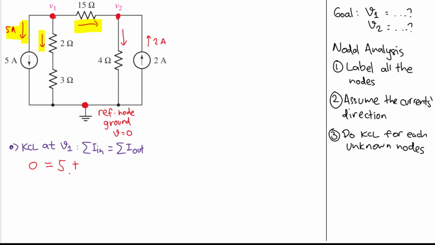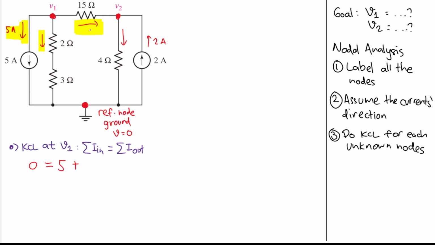Okay, now let's do another page here. This current that is going to the right, we don't know the value yet, but we can use the formula of Ohm's law. Remember, current is the voltage divided by resistance, right? And how do we calculate the voltage? Let's see the current here.